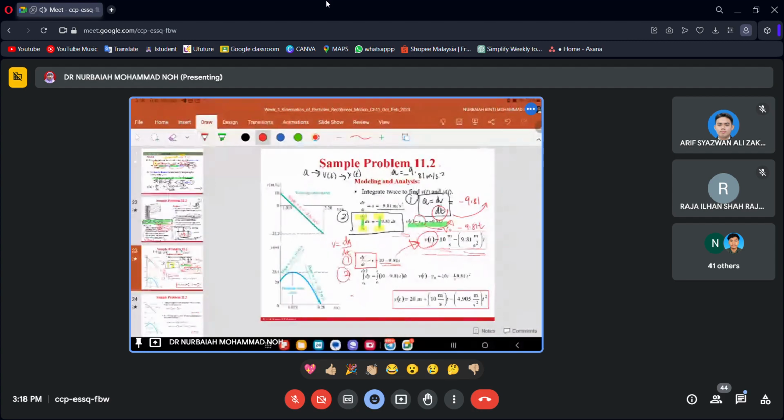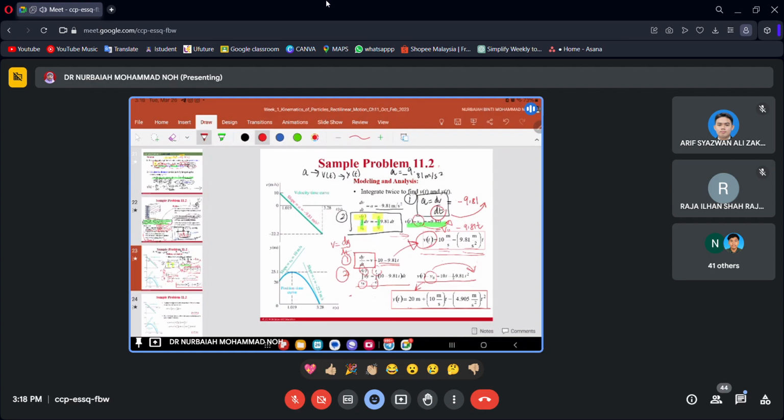Second step, we rearrange it until we can do the integrations. Put the limits, then integrate. Finally you get this result from the integration, and we rearrange it. We bring y0 to the right-hand side, then you have this final result. So this is how we derive the v function and the y function.